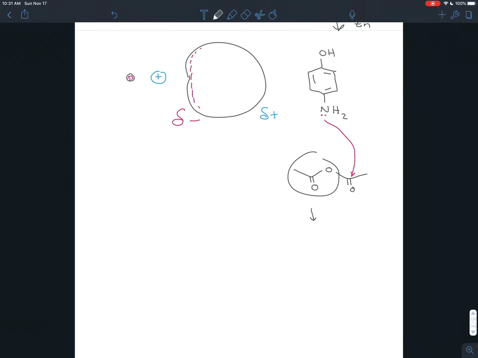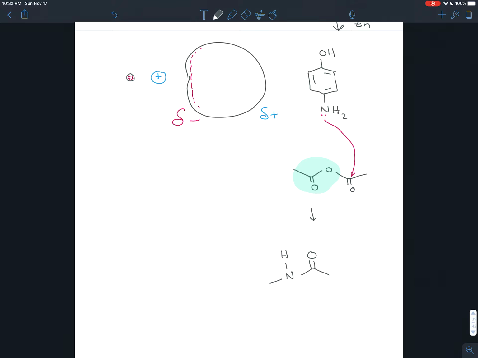So this gets kicked off as a leaving group. Right, at the first step you get the tetrahedral intermediate, but then when it snaps down it kicks this leaving group off, and our molecule is left on there. So we'd have that little acetyl group bonded to a nitrogen. After a proton transfer, that nitrogen will only have one hydrogen.